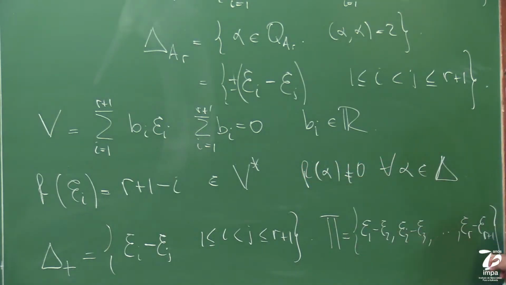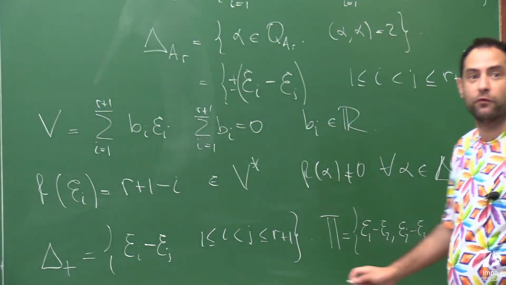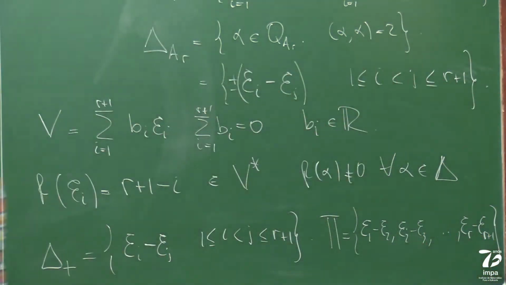And these guys are clearly linearly independent. They are r of them. So therefore, they span the whole vector space V. So this has to be the simple root system. So that is the simple root system.